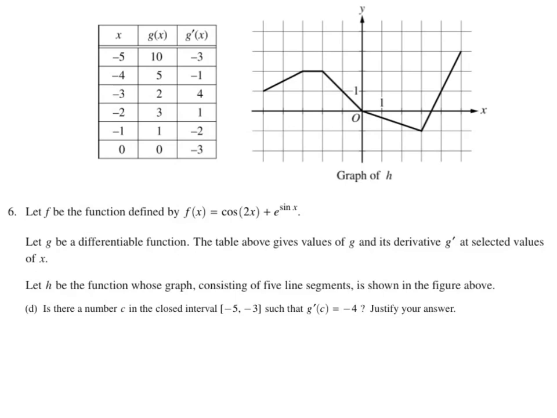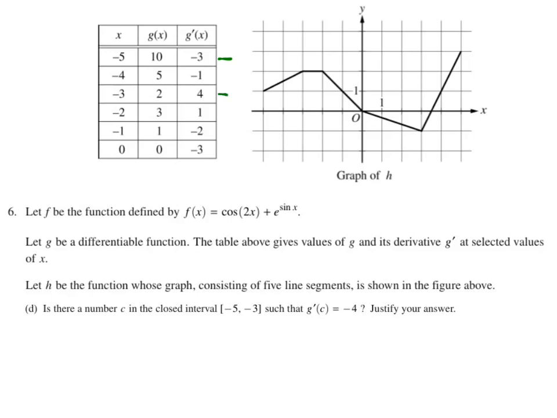But since we're asking about g prime and we're given g and g prime, we can approach it both ways, with 2 different methods. If I want to use the intermediate value theorem to show that g prime of c is going to be negative 4 for some value between negative 5 and negative 3, what I notice here is that at g of negative 5, I have a value of negative 3, and then at g of negative 3, I have a value of 4.